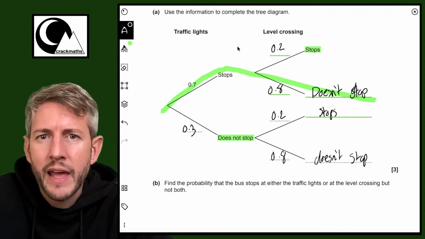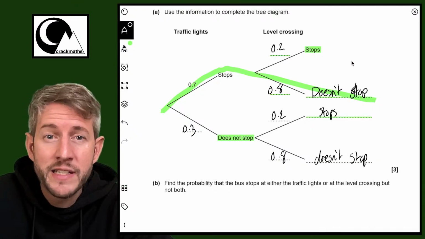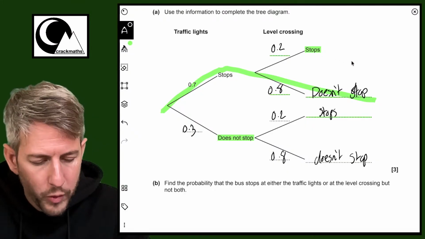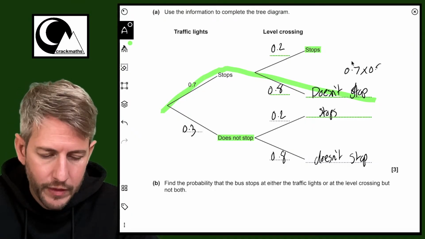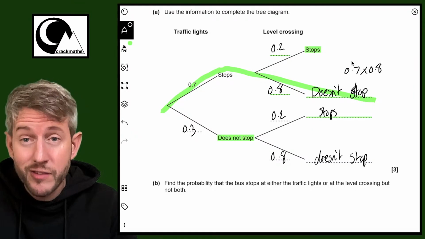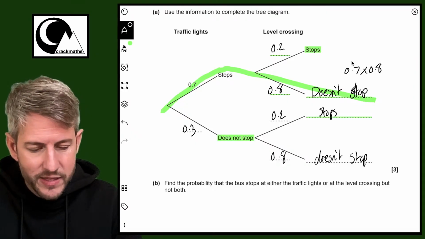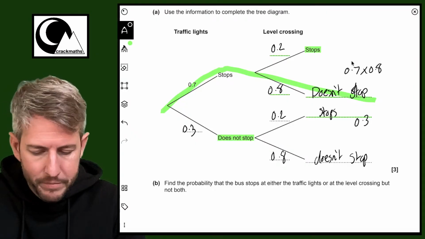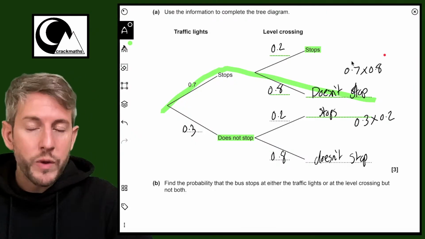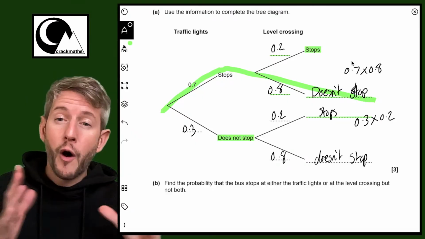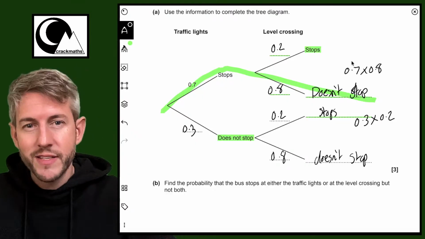The probability that it stops, then doesn't stop, is 0.7 times 0.8. And the probability that it doesn't stop and then stops is 0.3 times 0.2. Once we've done these, we can add them together because the options of different routes increases the probability.